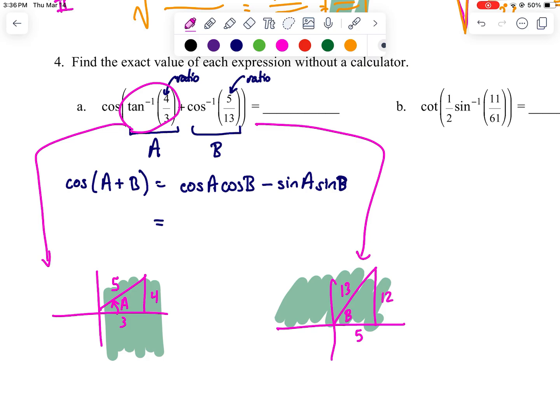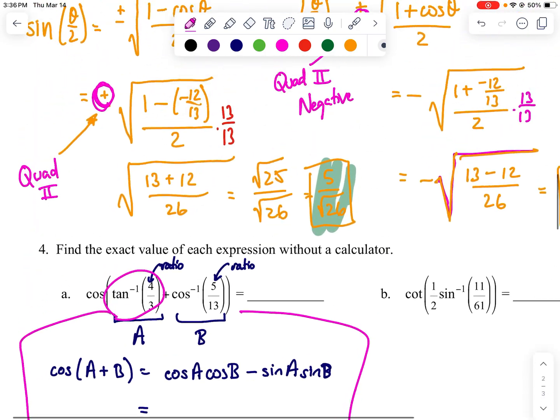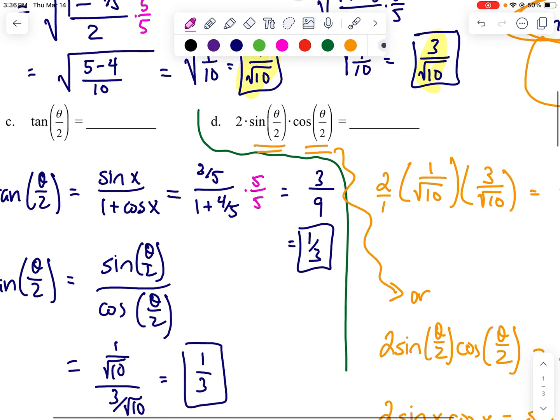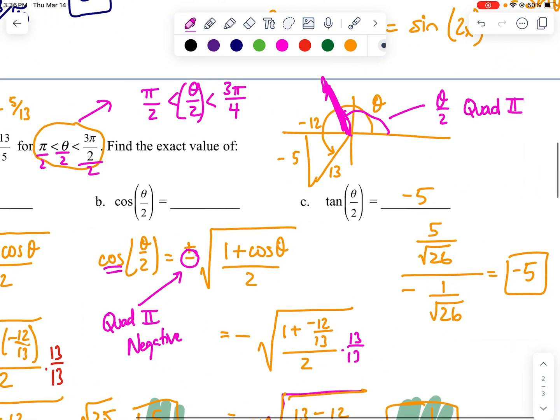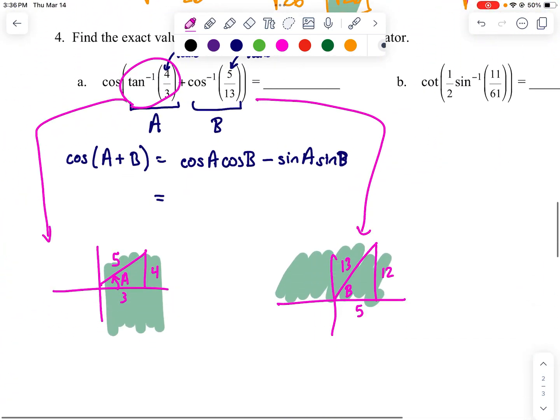Right? So now that I've drawn my pictures, I can fill in. So essentially, it's like these problems up here, where I was drawing a picture. It's just they're asking it in a little bit different way. So I've created the angle A and the angle B using the inverse trig stuff that we learned back last chapter. So then the cosine of angle A is 3/5.